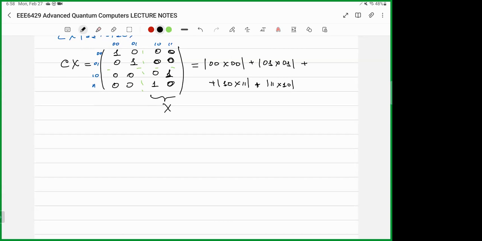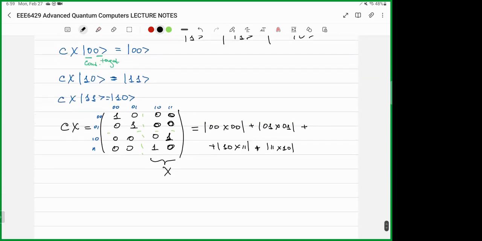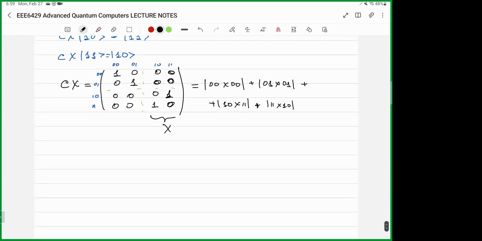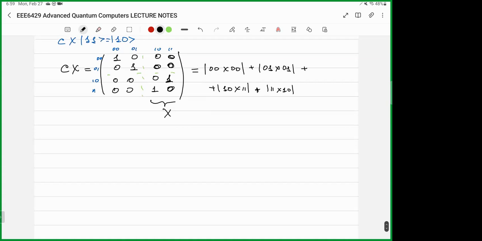So we have considered how this control X gate, or CNOT gate, applies on the basis states, but how does it operate on an arbitrary state?